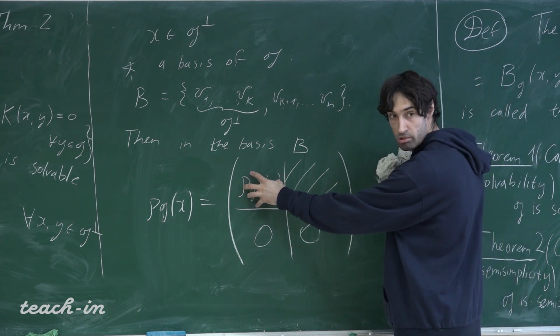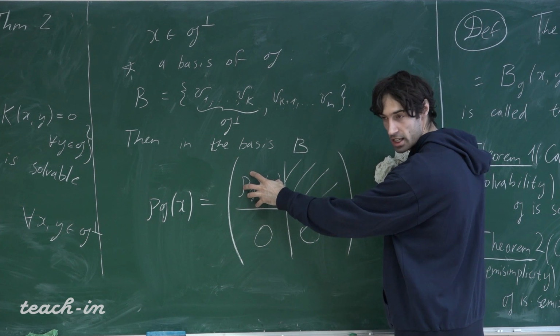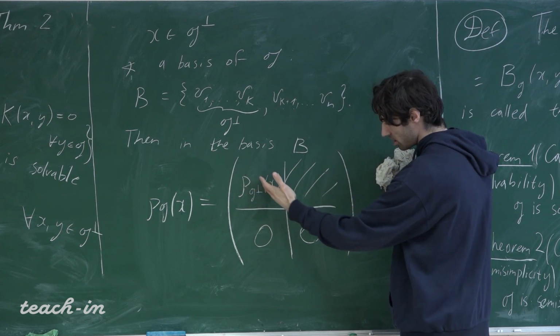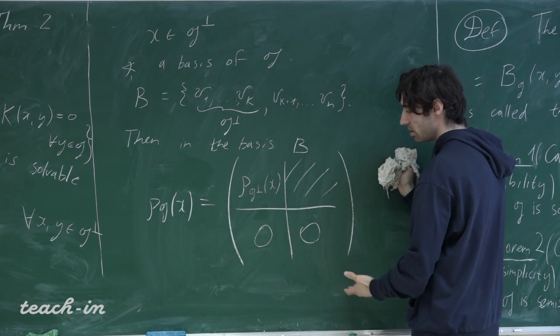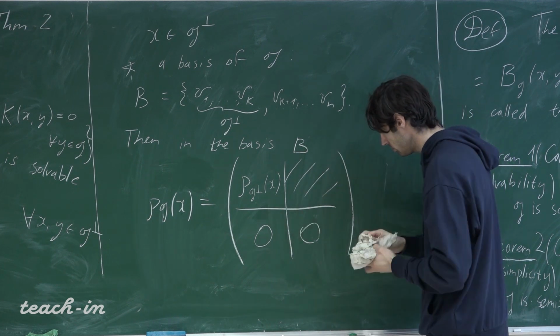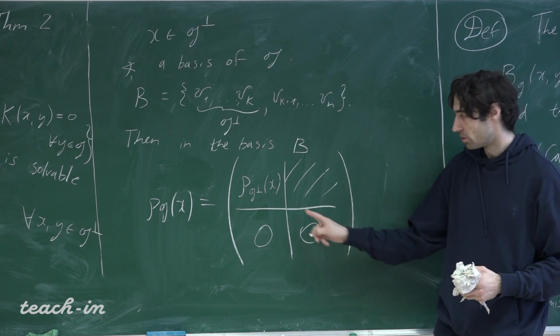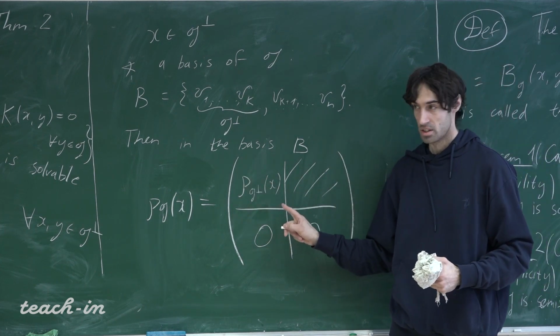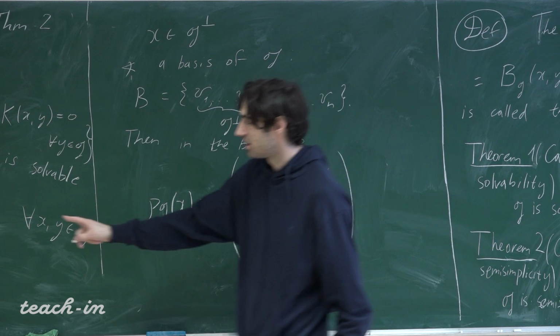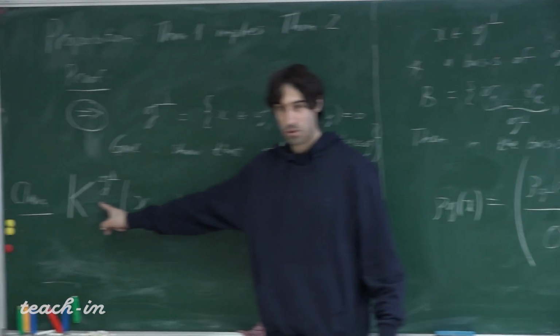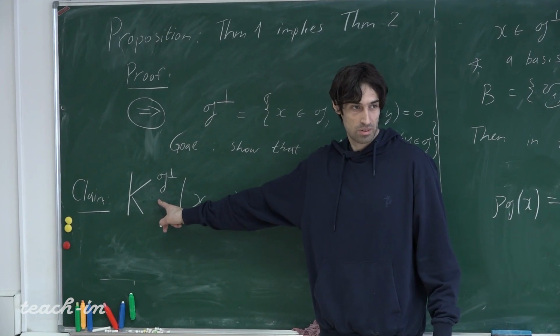These two blocks multiply, and when I compute the trace, there will be nothing coming from this part. Only the trace over this. But the trace over this is exactly the Killing form for G orthogonal, right?